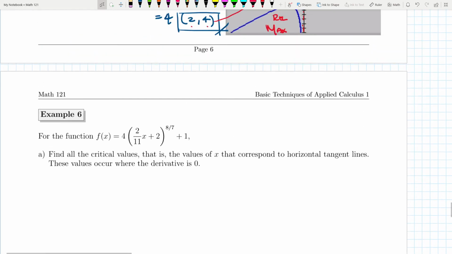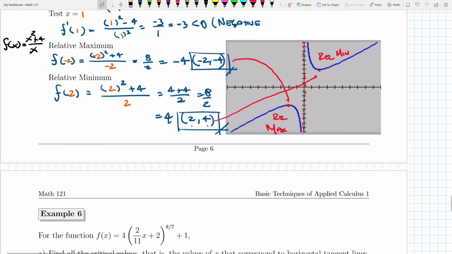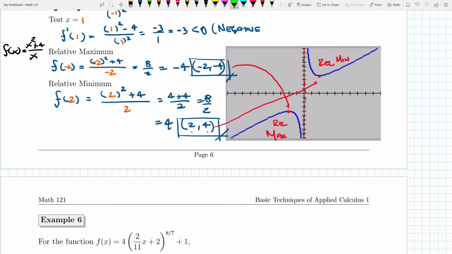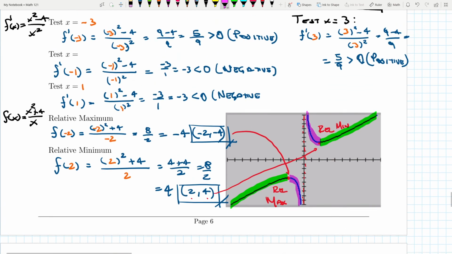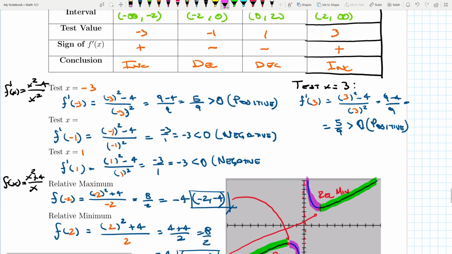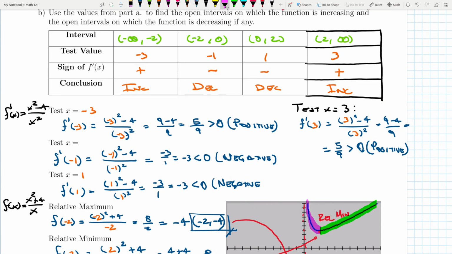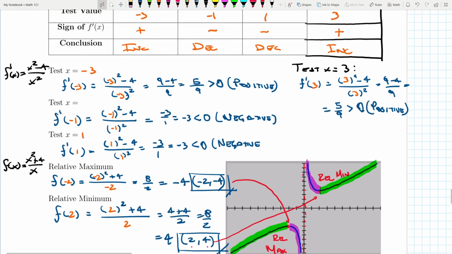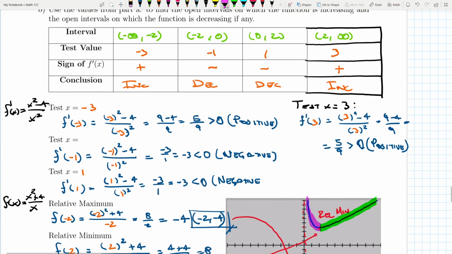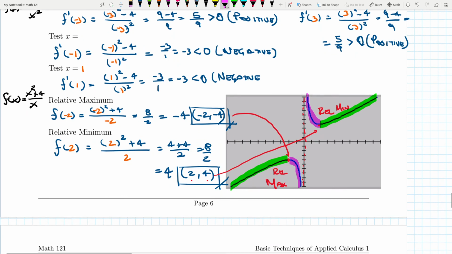Again, before going with that example, I would like to go back to the previous example and highlight the intervals where the function is increasing and the intervals where the function is decreasing, which actually check with what we have on the table above. It's increasing from negative infinity to -2 and 2 to infinity, and decreasing otherwise, between -2 and 0 and 0 and 2.